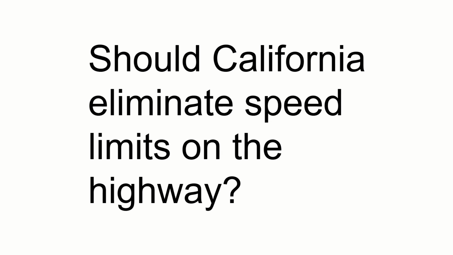What I wanted to point out is that there are factual questions that you can make mathematical models for. The safety side of the argument is making an assumption, probably a good assumption, that if you eliminate speed limits, people will drive faster, and that if people are driving faster, they'll probably have more accidents, or the accidents will be deadlier.